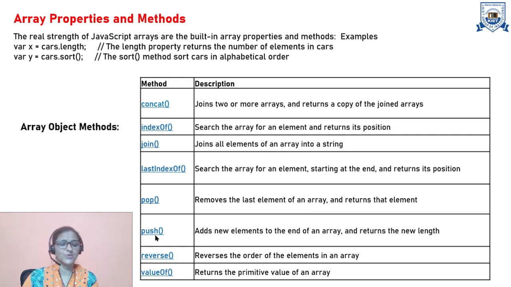Push is used to add a new element to the end of the array, and it returns the new length. Reverse reverses the order of elements in an array: last becomes first and first becomes last. ValueOf returns the primitive value of an array.